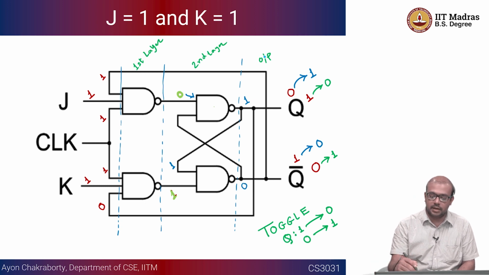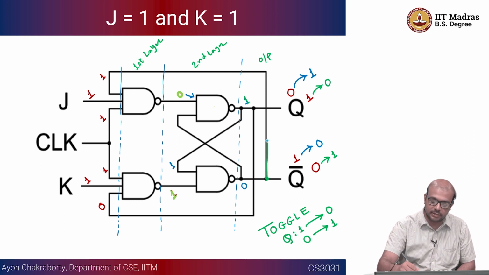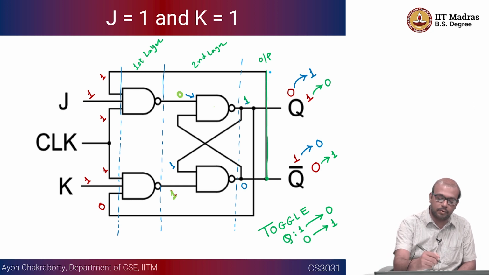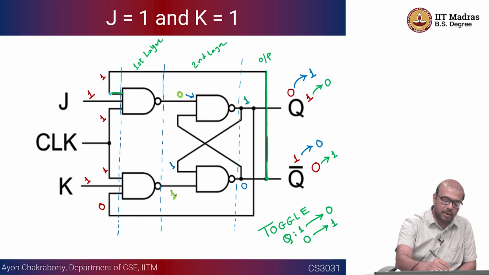So if you see, once this becomes let's say 1, 1 is fed back here and so on. But this value of Q bar, which was originally 1, now set to 0, is also going to be fed back to the input, right? So let us follow only this line, this green line that I am drawing, which was originally 1. Q bar was originally 1, but now because of this value change, this is again going to be rewritten.